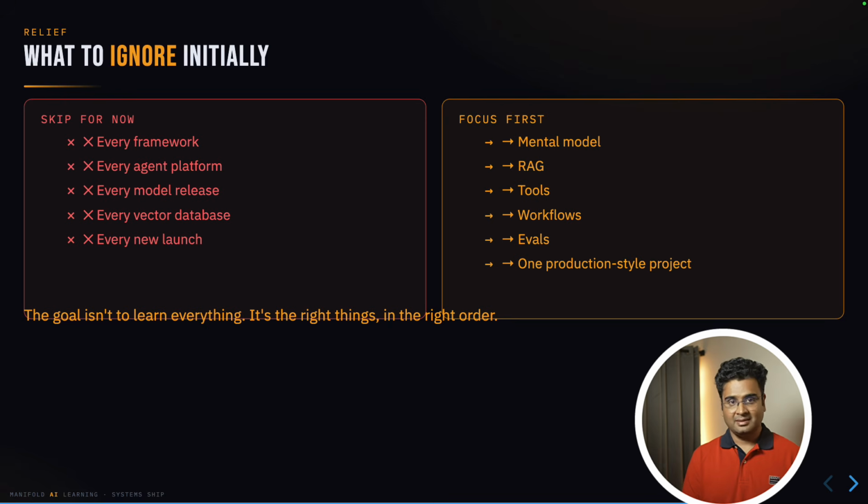If that is what is bothering you, you can just let it go. Focus on just the six things I've mentioned: mental model, RAG, tools, workflows, evals, and one production style project. That's it. That is a complete and capable foundation. The goal here is not to learn everything and anything. The goal is to learn the right things in the right order. This is how you can manage and master your agentic AI journey in 2026.